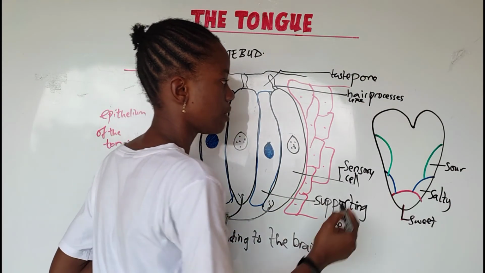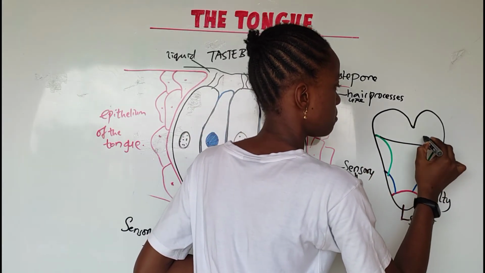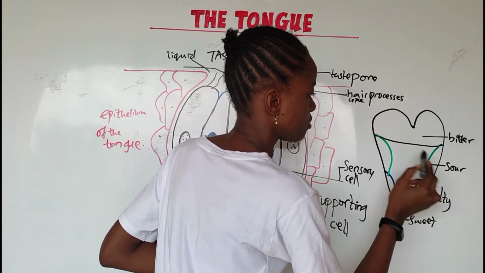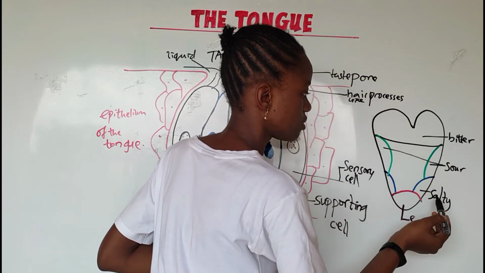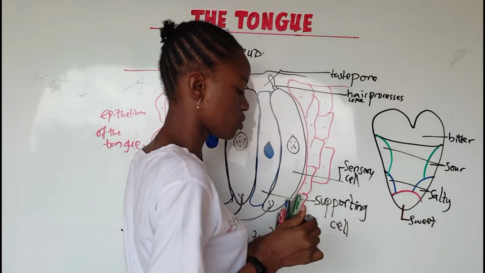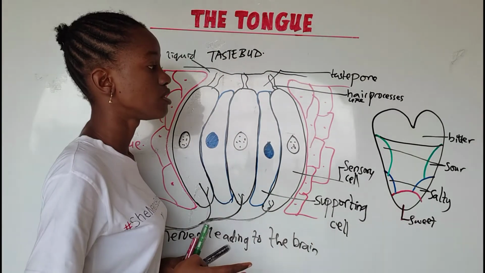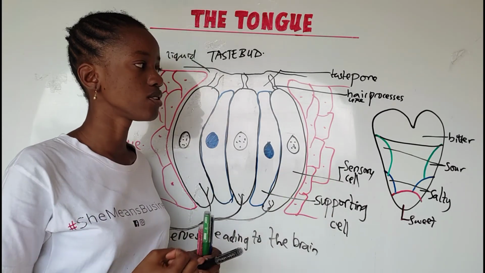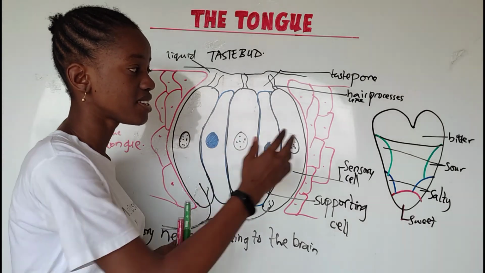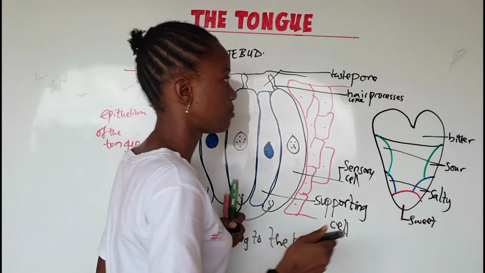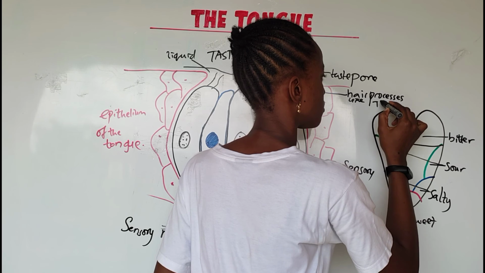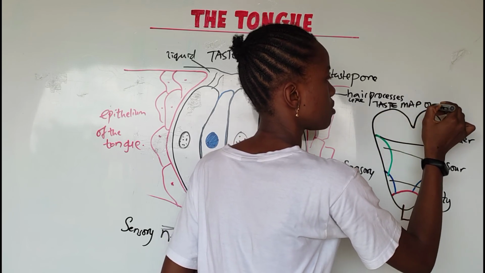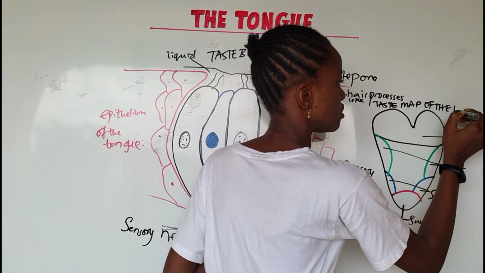And lastly, we have the part for bitter, which is at the back of the tongue. So these are the four main tastes that can be tasted. Any taste is a combination of all these: sweet, salty, sour, and bitter. This is the taste map of the tongue.